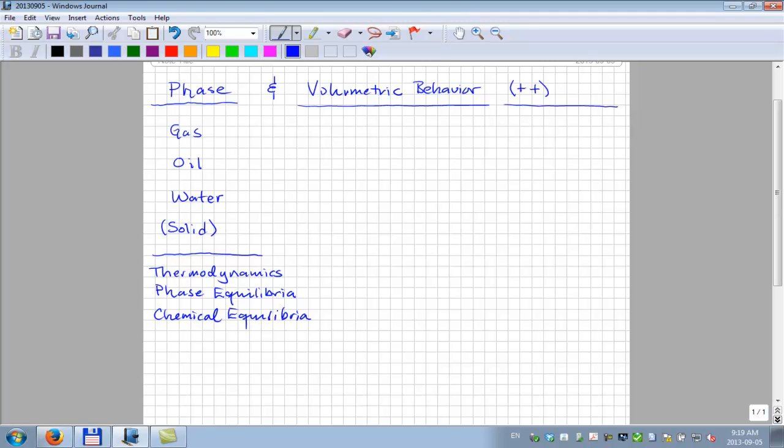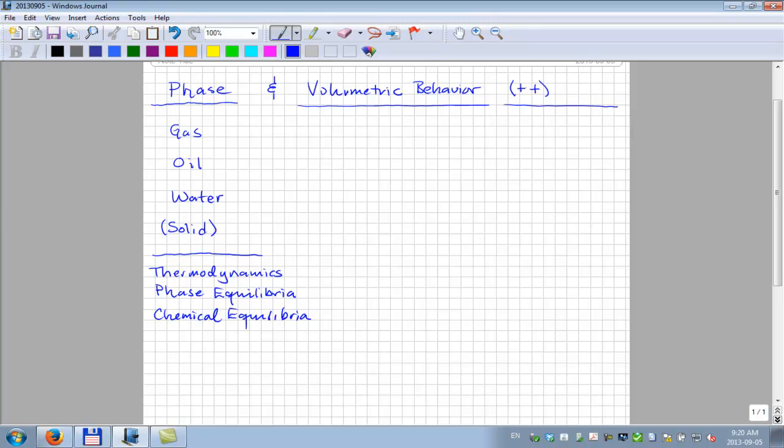These are three terms that refer to the formal definition of what phases exist, given a set of compounds that are mixed together, methane, ethane, CO2, H2O, and so forth. We'll talk about the compounds that we typically find in petroleum systems, review that again.